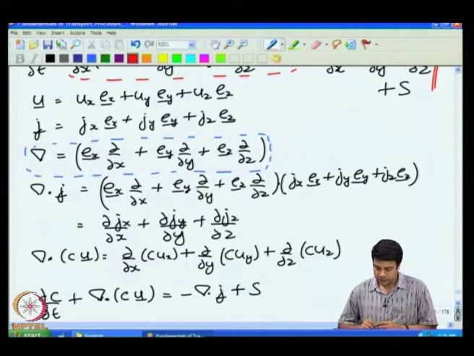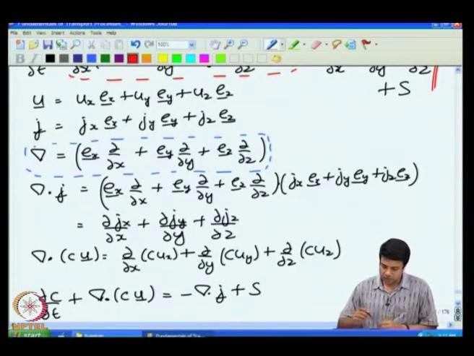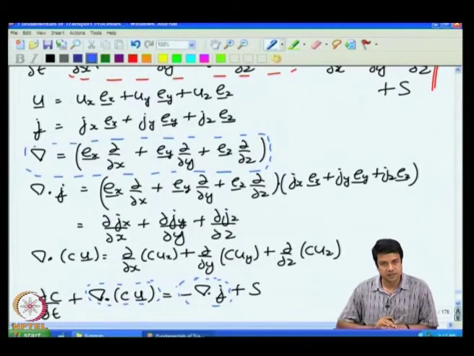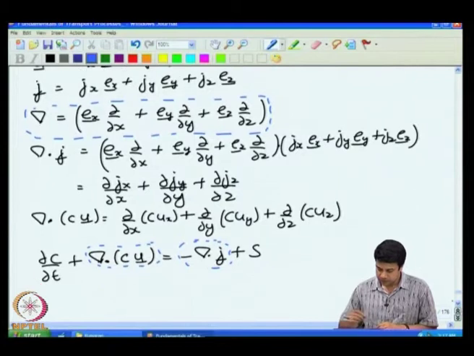The terms in the equation I showed you can be written as del dot cu, where u is a vector, and minus del dot j, where j is the flux vector, and the gradient operator is Ex times d by dx plus Ey d by dy plus Ez times d by dz. So, I can write it compactly in this form.